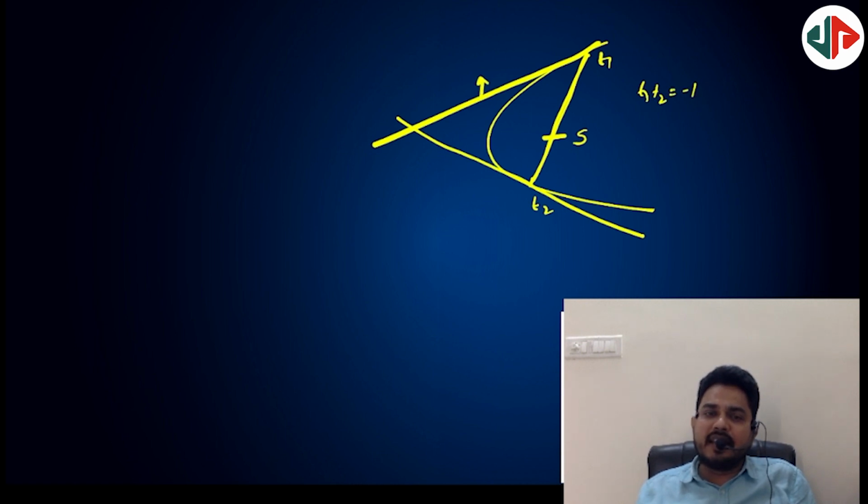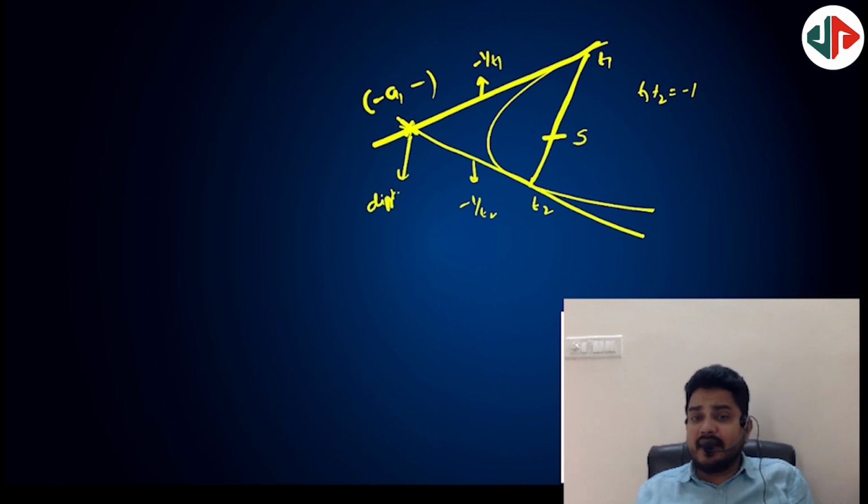Slope of this line is minus 1 by T1, slope of this line is minus 1 by T2. At that time, this point will be A T1 T2, which is minus A comma something, a point on the directrix.